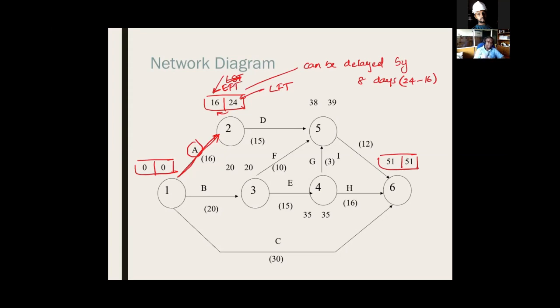The earliest possible time that the activity can finish is 16. The latest possible time that the activity can finish is 24. Earliest possible time to finish, latest possible time to finish. Try to understand this. So this activity can be delayed by 8 days, but the project duration remains the same.